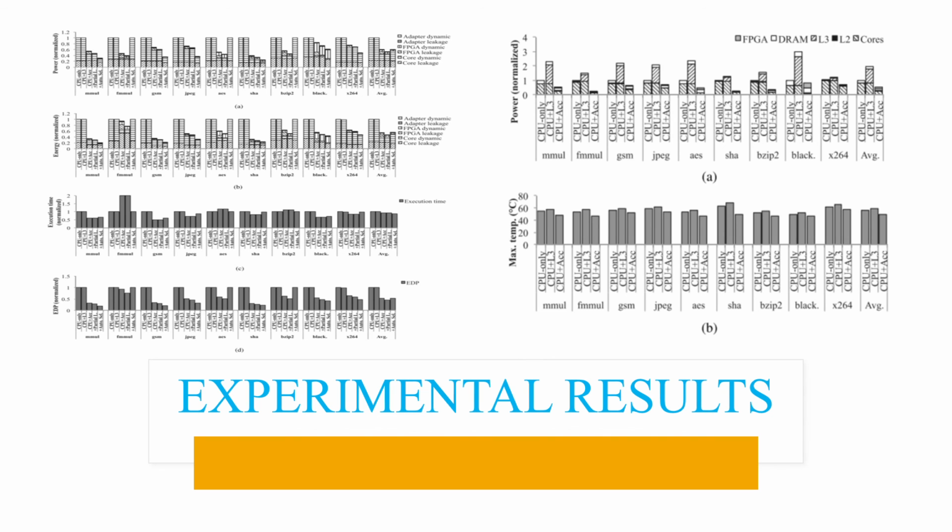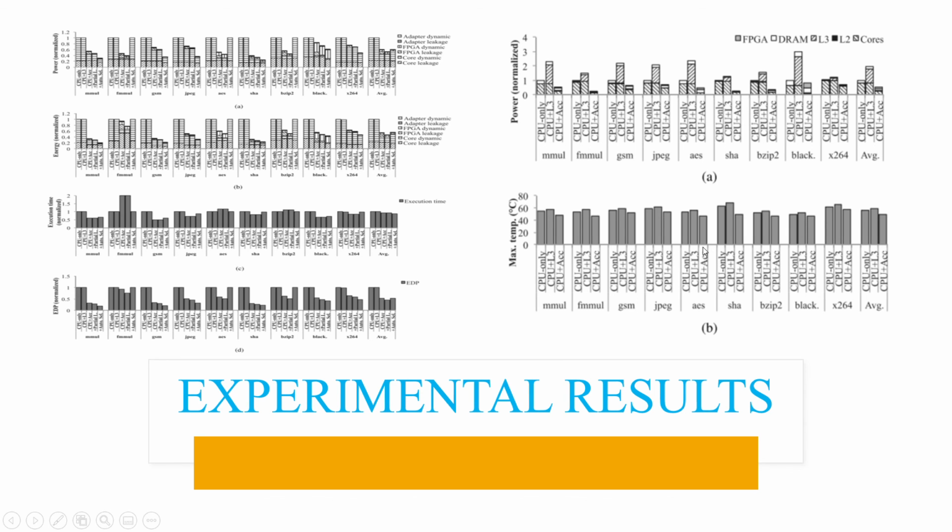By contrast, CPU plus L3 consumes much higher power than CPU only and CPU plus ACC. This is because the L3 cache of CPU plus L3 consumes a considerable amount of power, even though we chose to use low standby power transistors for memory cells in the L3 cache. On average, CPU plus ACC reduces power consumption by 72.9% relative to CPU plus L3.